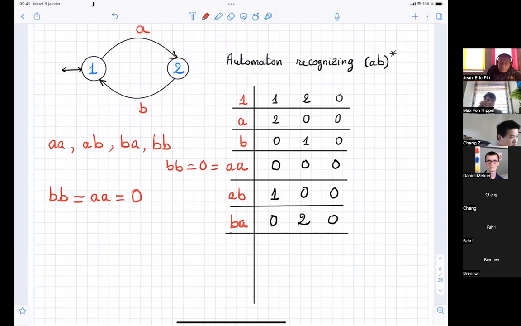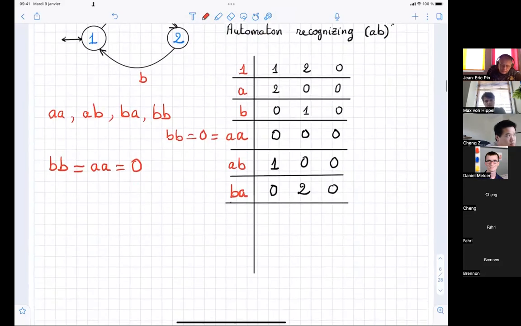Well, now I'm not finished because I just did the words of length 2, but I need to go to words of length 3. So let's go. What are the words of length 3? Normally there are the words starting with AA, so there is AAA and AAB.